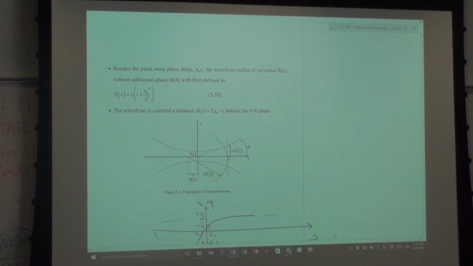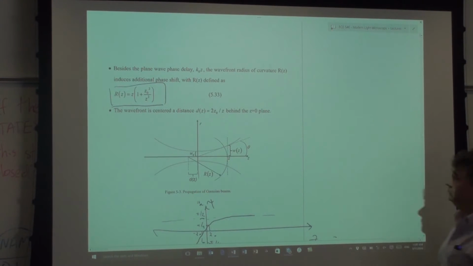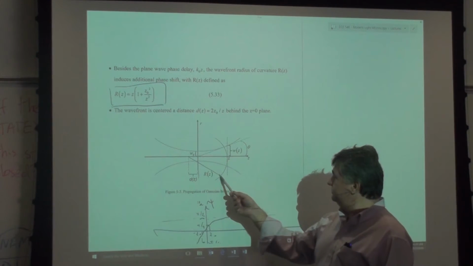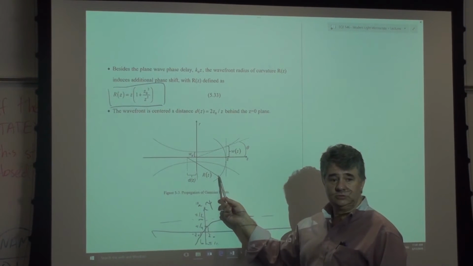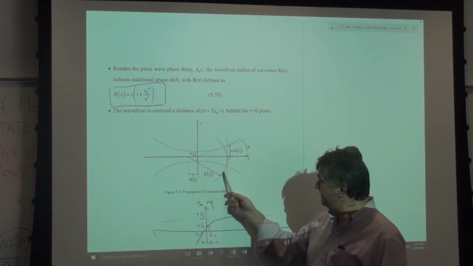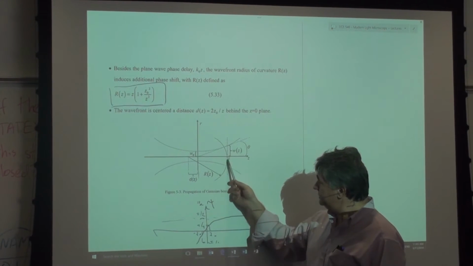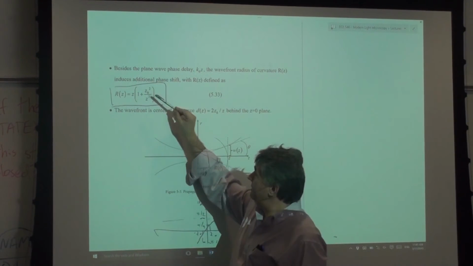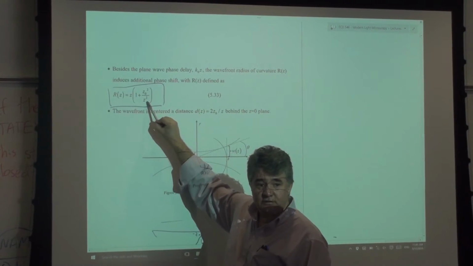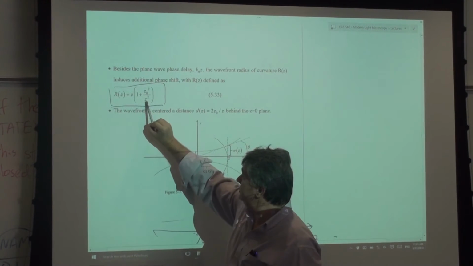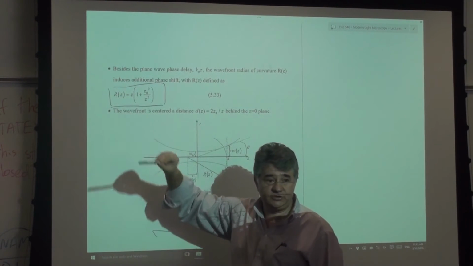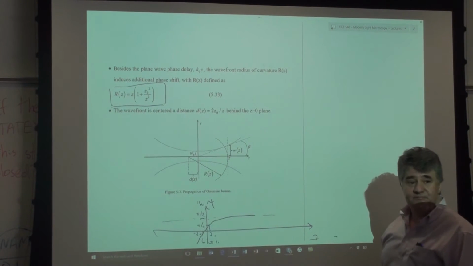Okay? So let's talk about that for a second. The curvature of the beam is exactly what it sounds like, right? It tells you the local radius of this wavefront. Notice, when my distance is very, very high, when I measure very far away from my input, the curvature is the same as z.